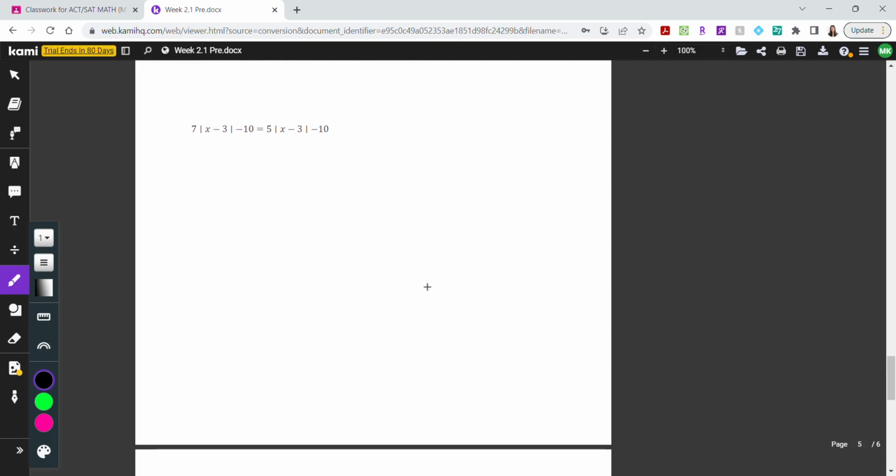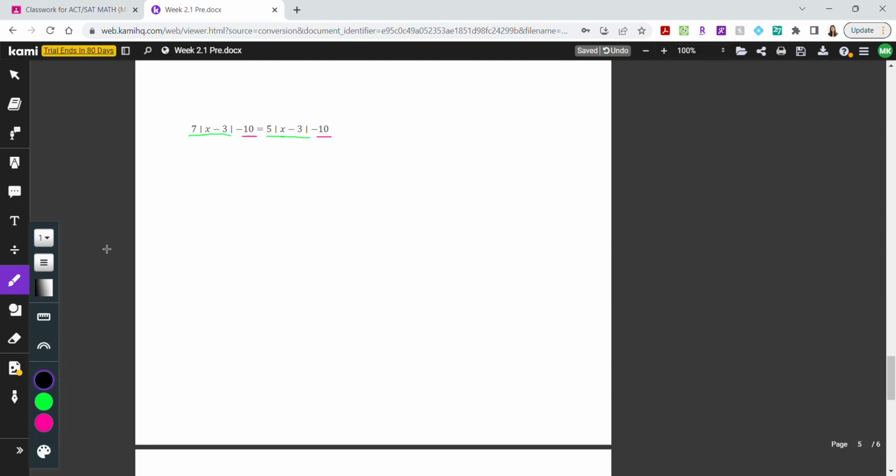And so now we look at this. Looks monstrous. Don't fret. If you look at this, see how these two absolute signs are the same? That means these are our same species. So let's take it as 7 absolute x minus 3 and 5 absolute x minus 3. And then negative 10 is another species.